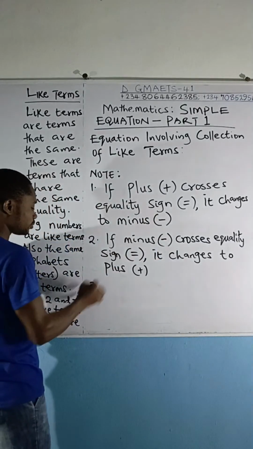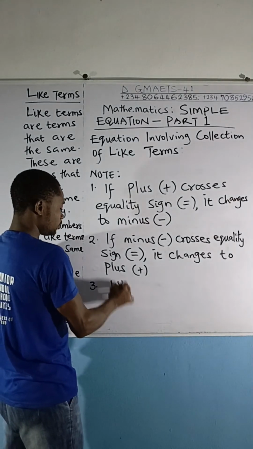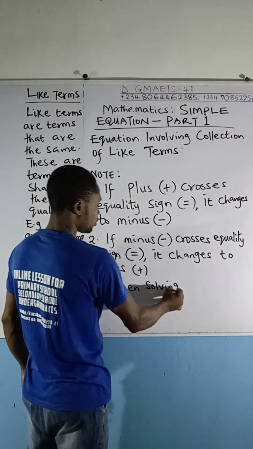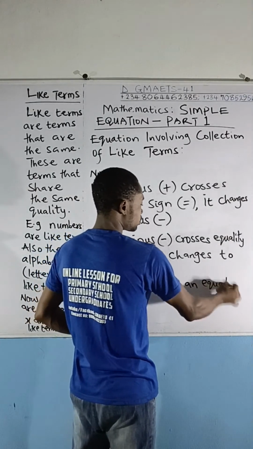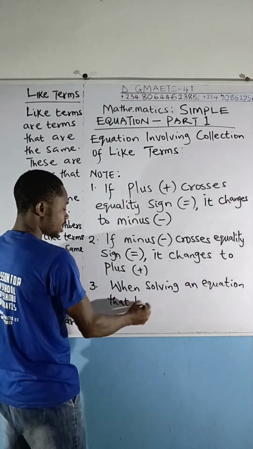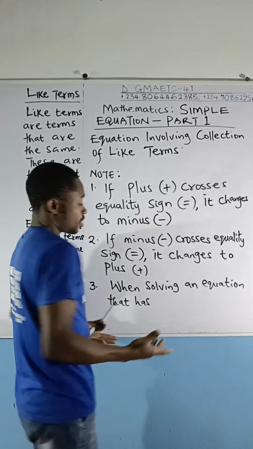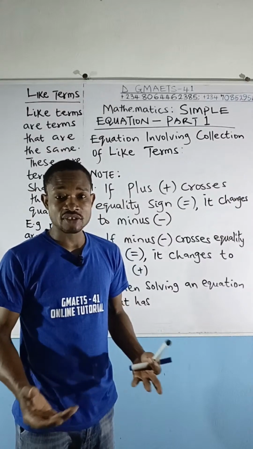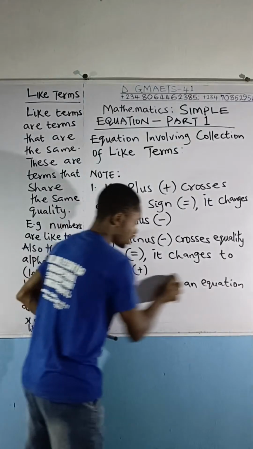Number 3, when solving an equation that has plus or minus, collection of like terms is used. Or let me put it this way, it will make more sense to you.